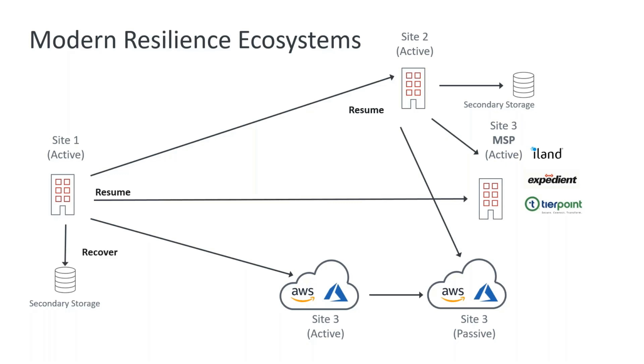We'll see a lot of companies that may maintain that primary on-premise data center for the higher tier applications, but now they can look at public cloud, so Azure, AWS, Google, or also a vast array of managed service providers that will provide not only a target for your DR data center where you want to recover to, but also a vast array of services, all the way up to a white glove service where they'll manage this process for you. So again, a lot of different options, different price points, different capabilities.